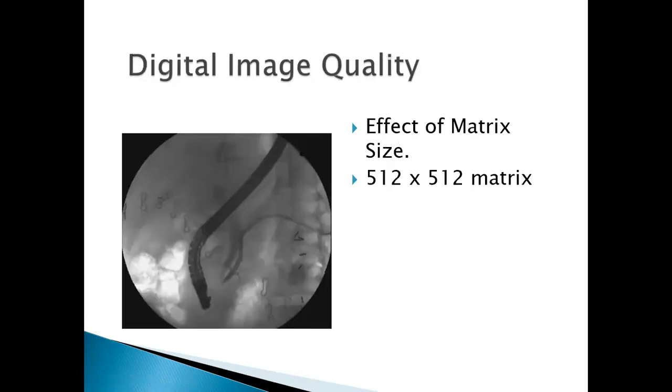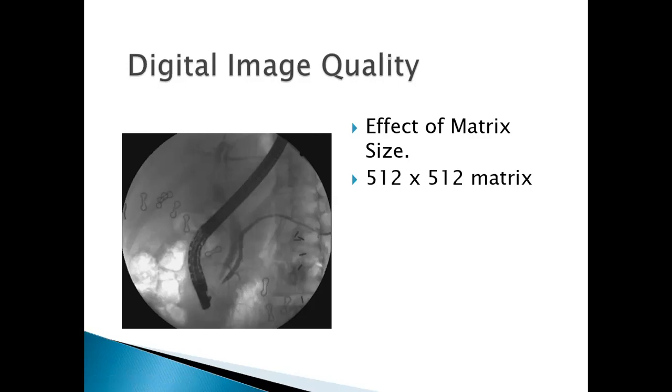We also want to look at digital imaging quality. When it comes to digital imaging, the matrix size has a lot of effects. This particular image was captured with a 512 by 512 matrix. Matrix is actually the number of elements used in a particular image.